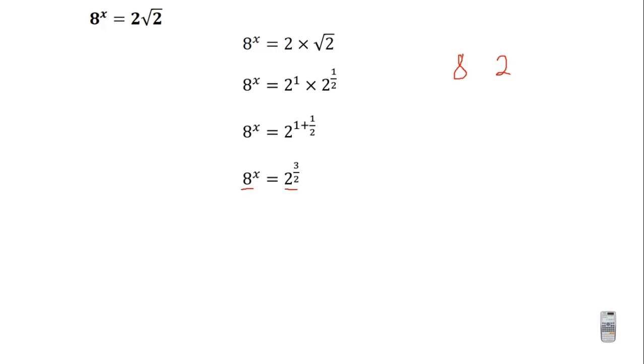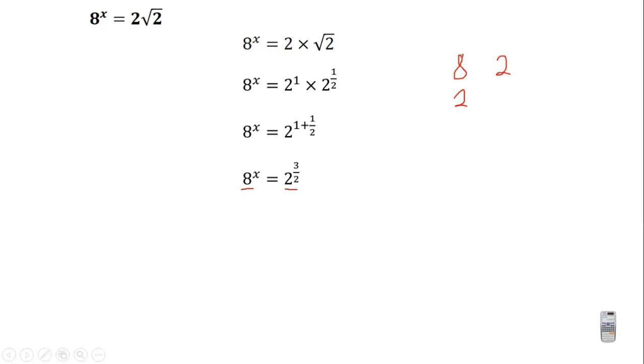So we have to express one in terms of the other, or we have to express one in index form such that it has the base of the other. So we are going to express 8 since it is the biggest one, in index form such that it has a base of 2. So it means that 2 raised to the power a certain number will give us 8.